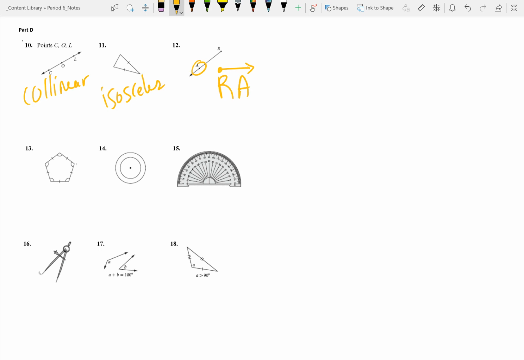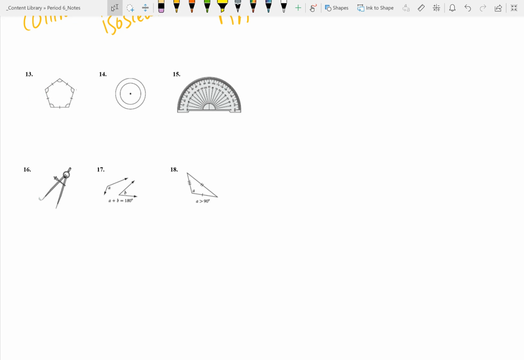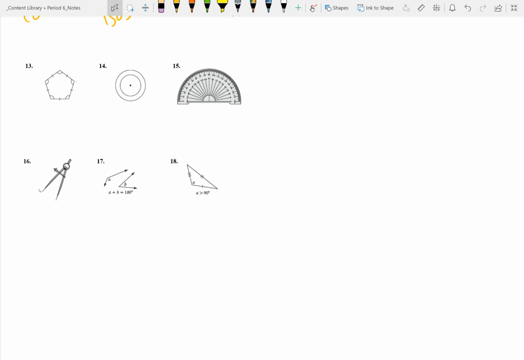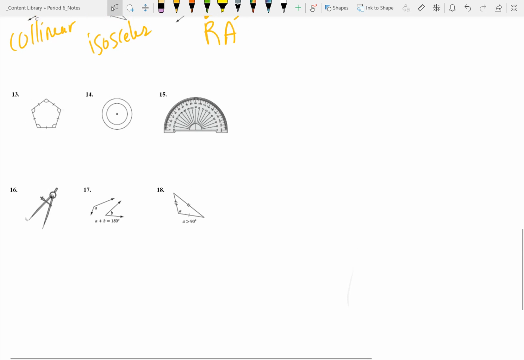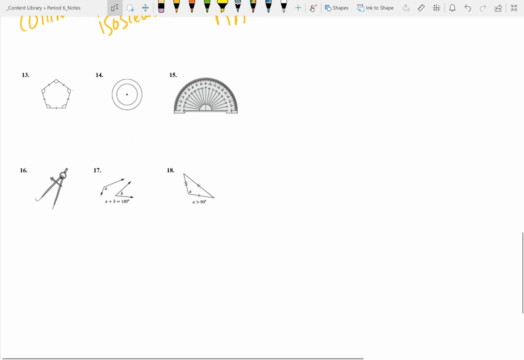And your R is the endpoint of the ray, so that's going to start there. Okay, this is an equilateral, equiangular pentagon. So that's a regular pentagon.